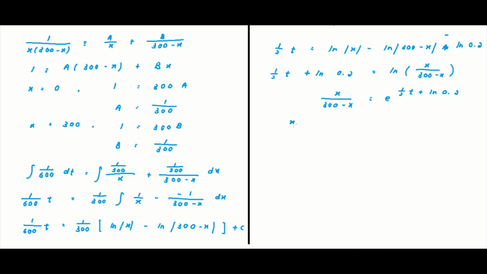So x over 300 minus x gives you ln 0.2 and 1 over 2t. For this part, it will become 0.2, right? Then 1 over 2t. So move the whole thing over to the other side.